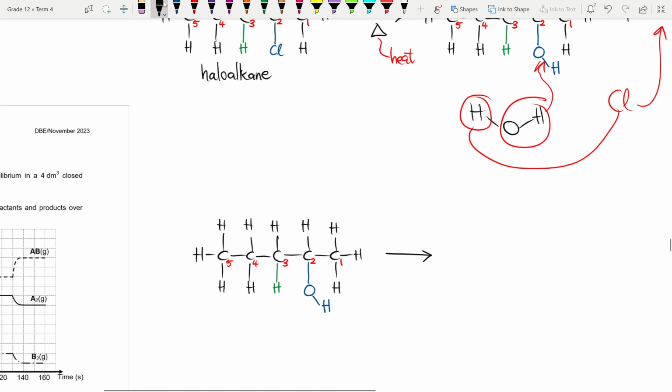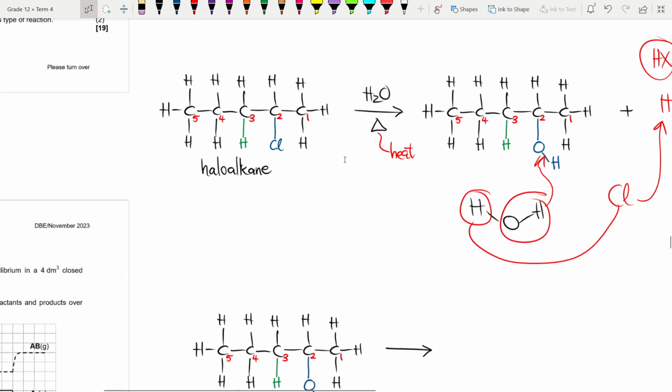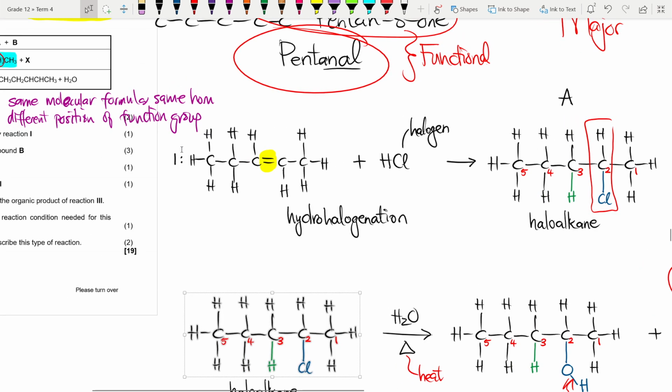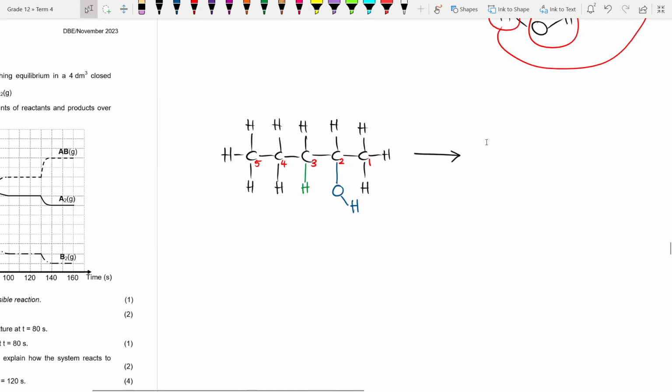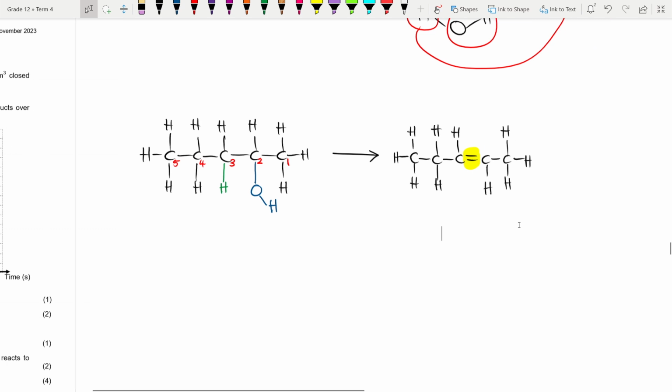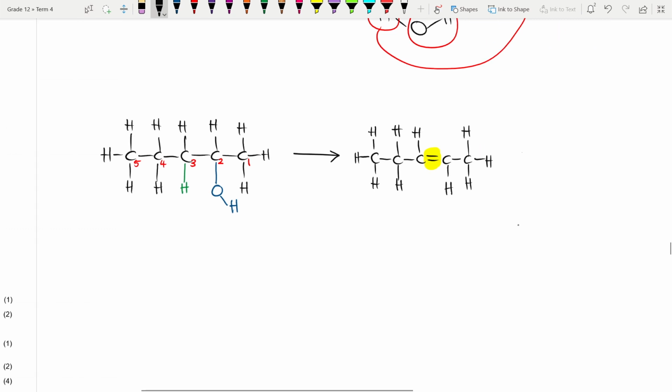It's going to become A again, but this time it will have a double bond. So I'll go all the way to the first molecule, copy that and paste it there. So it becomes this plus water, because we removed water.